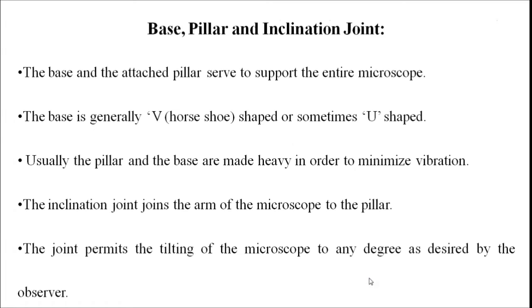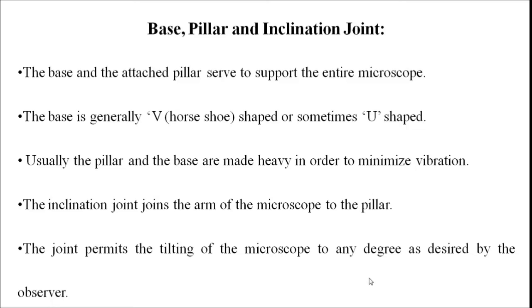First, we discuss the mechanical parts: base, pillar and the inclination joint. The base is attached to the pillar, and they support the entire microscope. The base is generally horseshoe shaped, or sometimes U shaped.